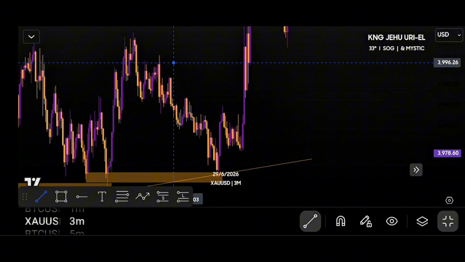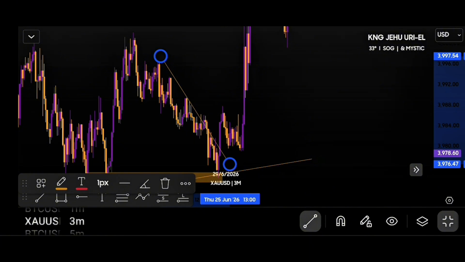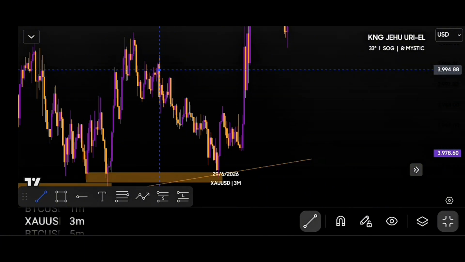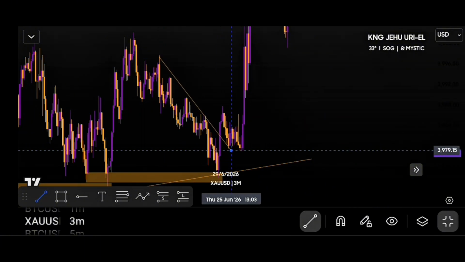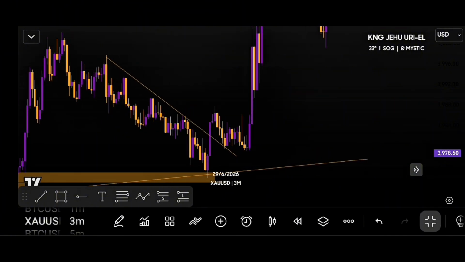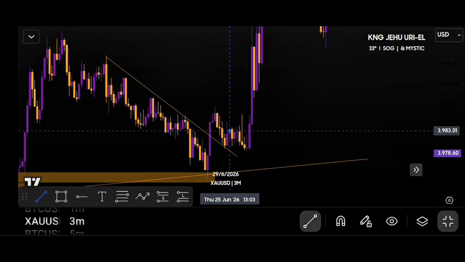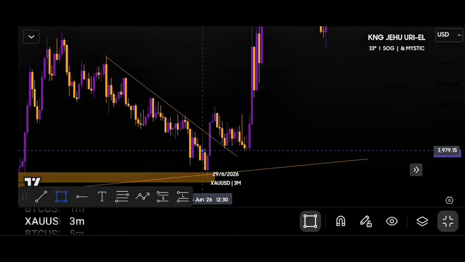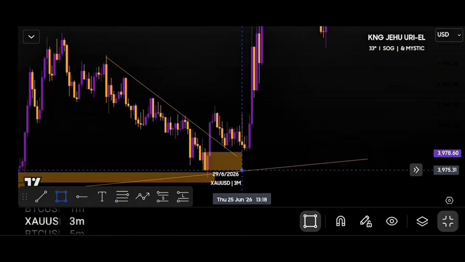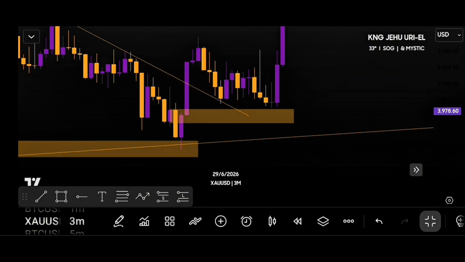Meanwhile, if you're a trendline trader, you can actually see something like this. You see, price was resisting and then it came and bounced on it, right? And after this bounce, as a trendline trader, you start buying. But as a smart money trader, you still wait for price to trigger this little order block and breaker block type of setup.